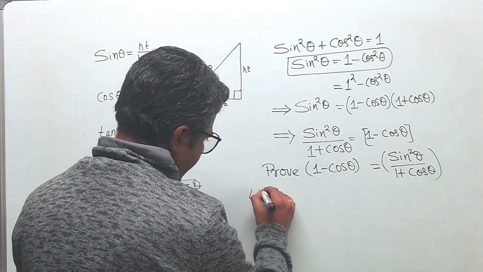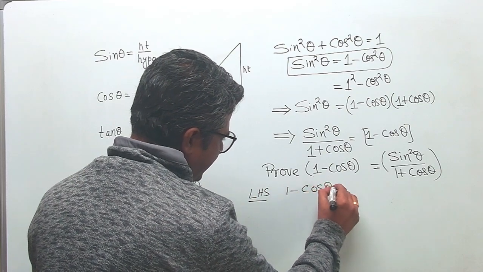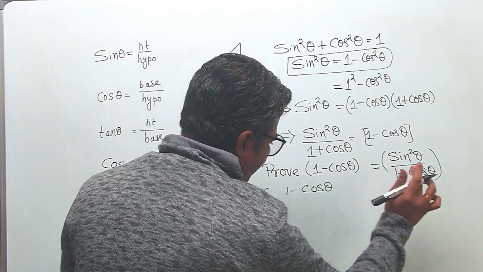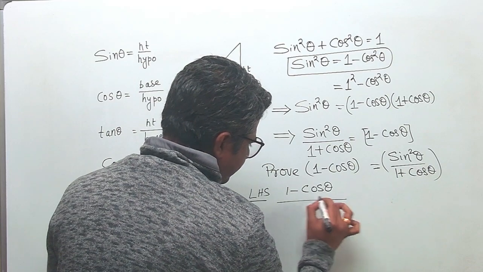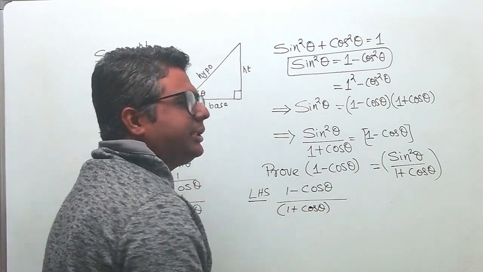See, LHS is 1 minus cos theta. What do I need? I need this denominator. Okay, I'll take this denominator 1 plus cos theta. I got my denominator, but can I take 1 plus cos theta from nowhere?